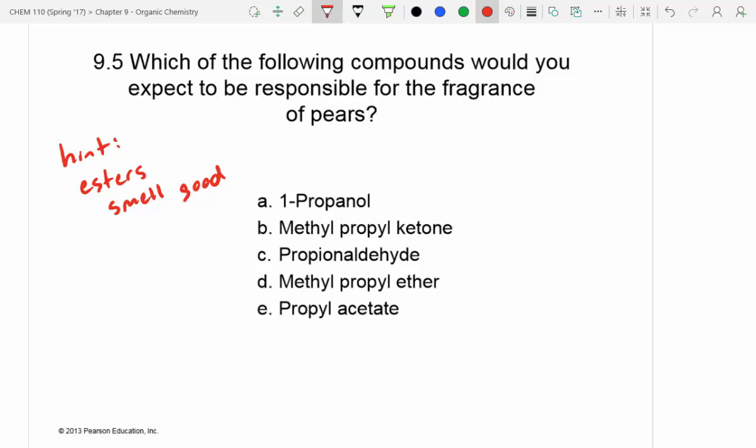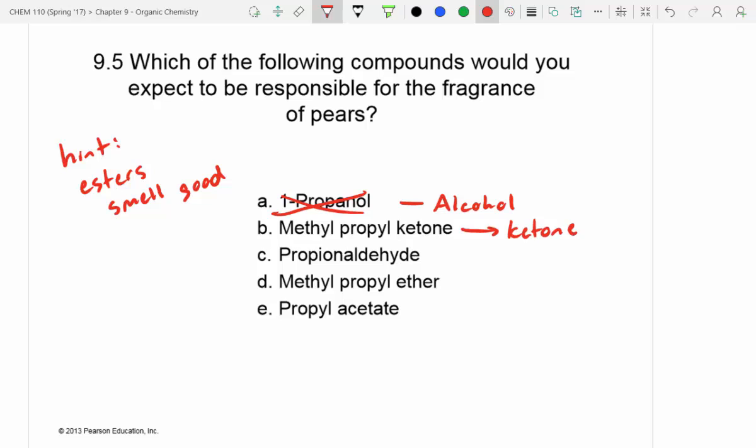What's the top one, A? What sort of molecule do you think it will be if it has an OL suffix? Alcohol. So this one's not going to be it. That's not an ester. What do you think this next one's going to be? Ketone. That one's pretty easy.